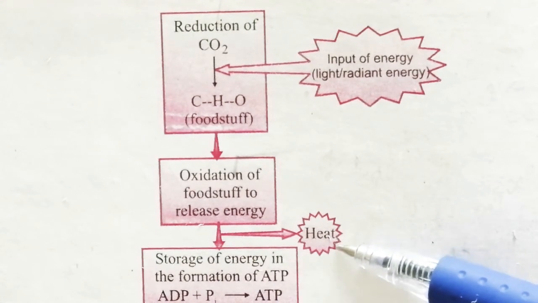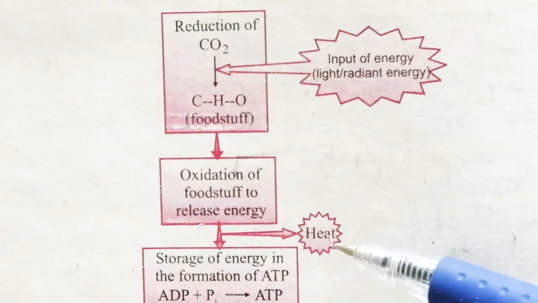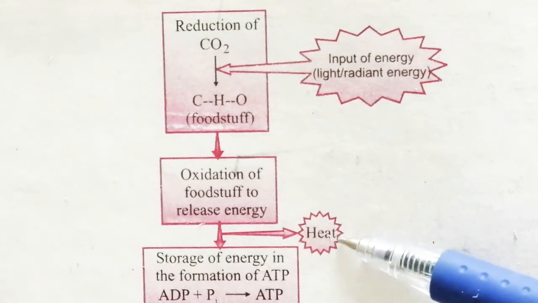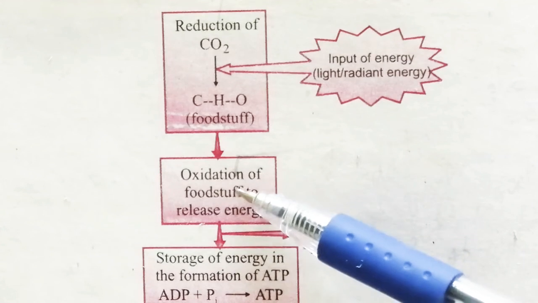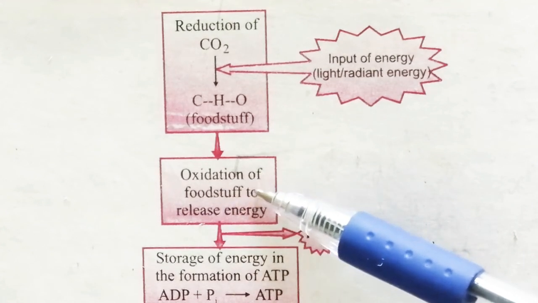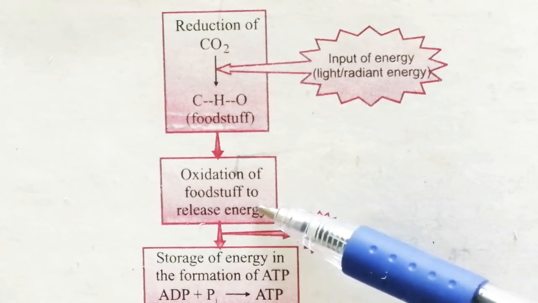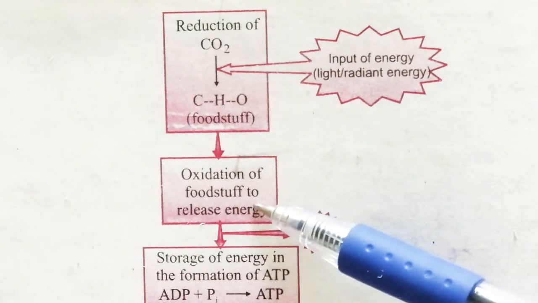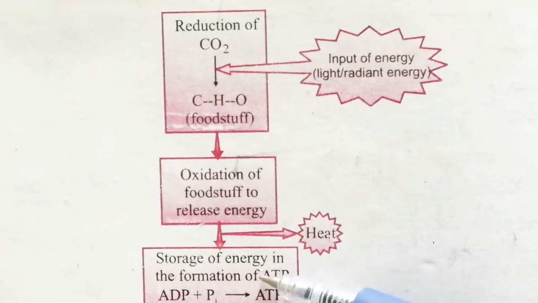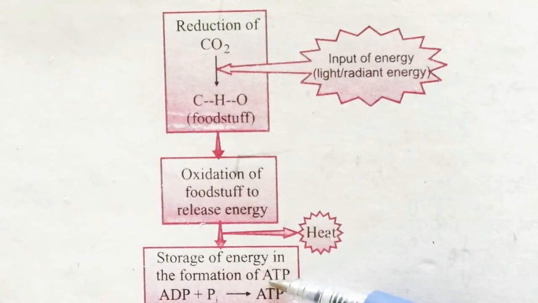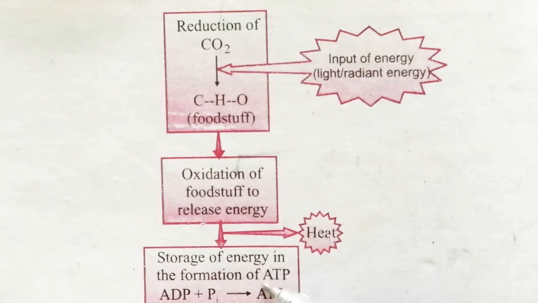So this is another form of energy. This breakdown or oxidation of food stuff actually converts the food into potential energy that is stored in the body of the living organism, and this energy is stored in the form of ATP.